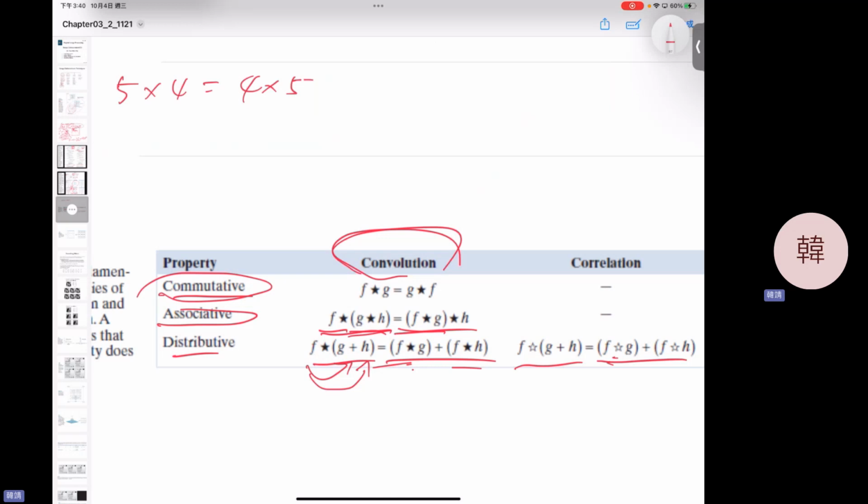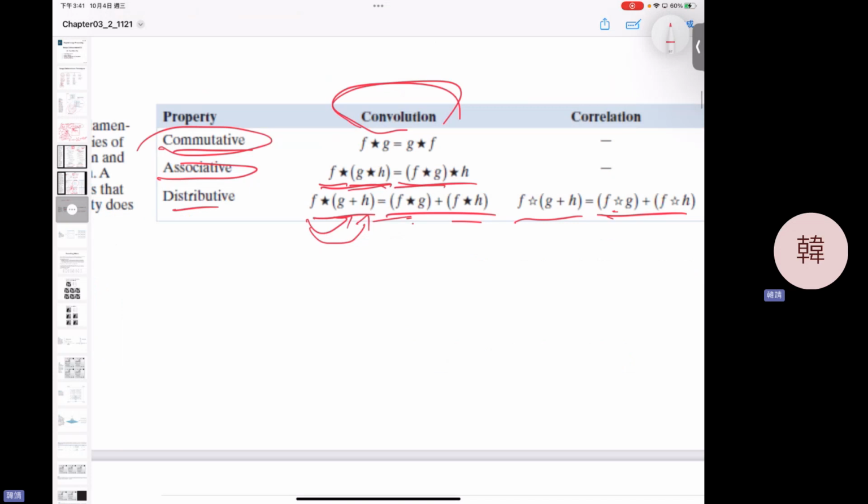If you use the symmetric mask or positive mask, you didn't see the difference. I'm sorry, it's a wrong example to show the correlation doesn't hold the commutative property. But here, if you use something like this, let me think. Easy.